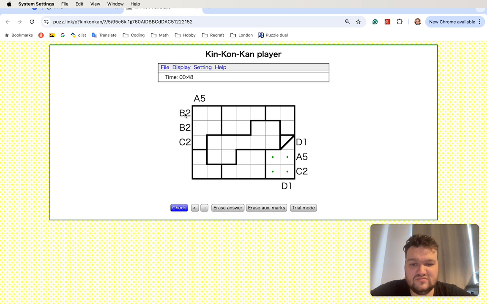Then look at B2. Both B are here, so we must enter here, then turn somewhere and then turn again, go left and exit here. So there's only 2 turns. But it cannot be like I drew it right now, because that will mean 2 mirrors in the same region.